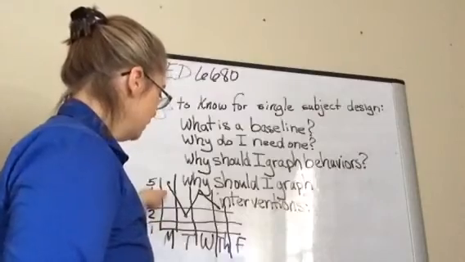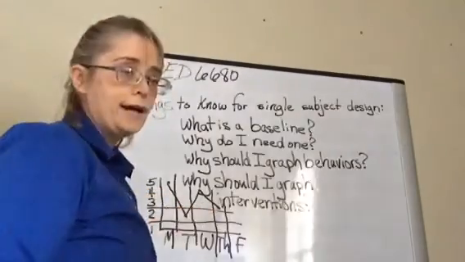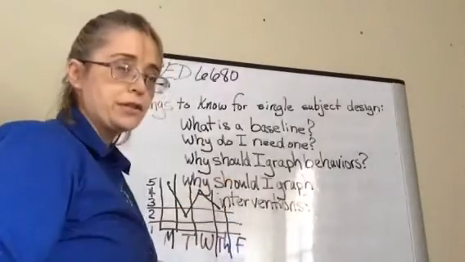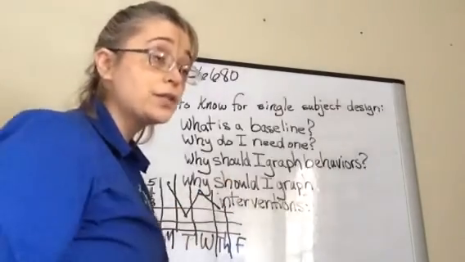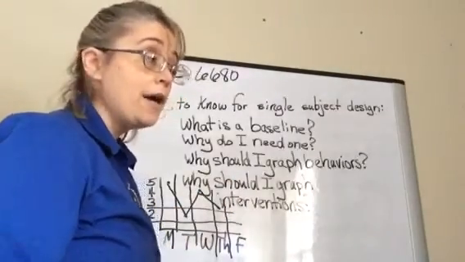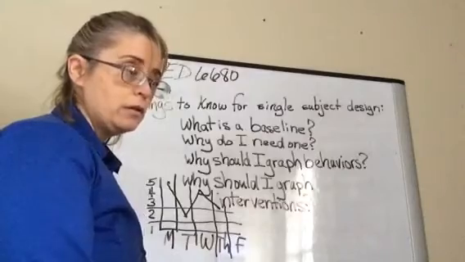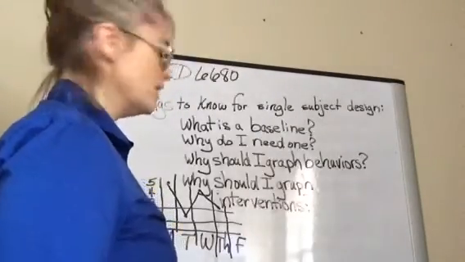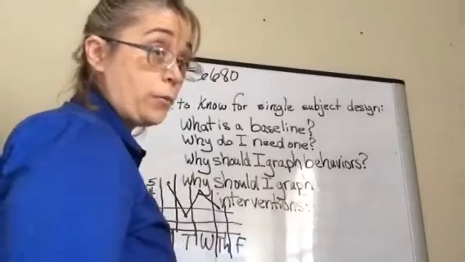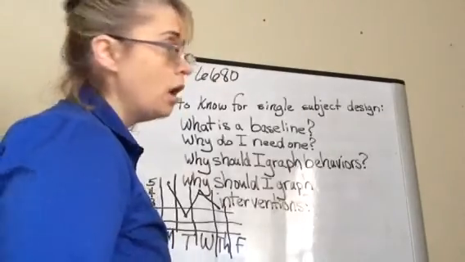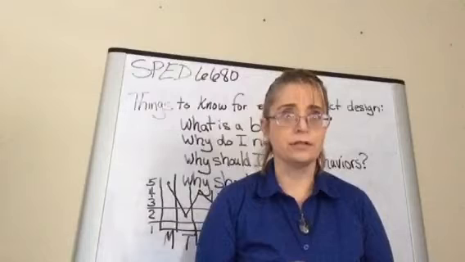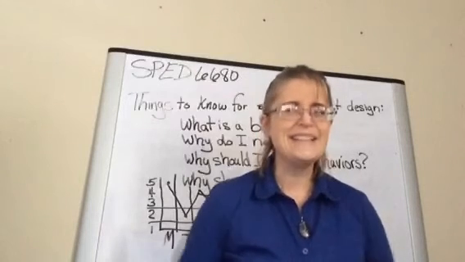Well, just like graphing baselines shows us how the behaviors are doing, don't you want to show people how the interventions are doing? Isn't it nice to be able to say, well, is this intervention actually working? Oh, as a special ed teacher, I have my favorite interventions. Oh, I do. I love them.